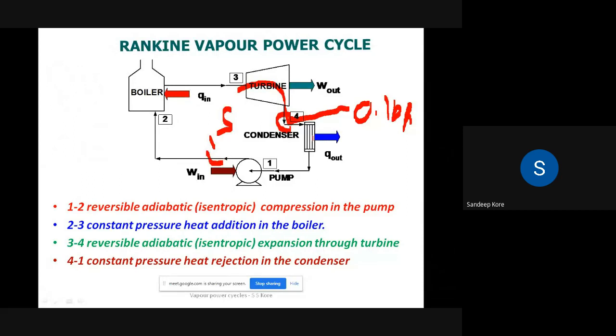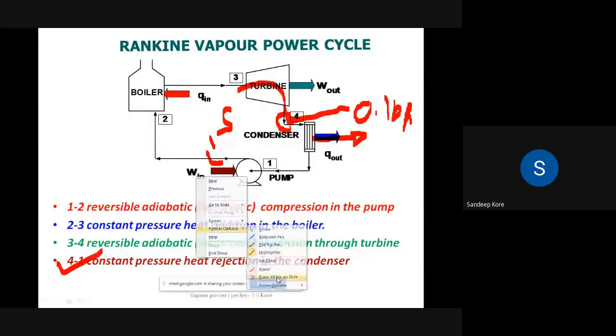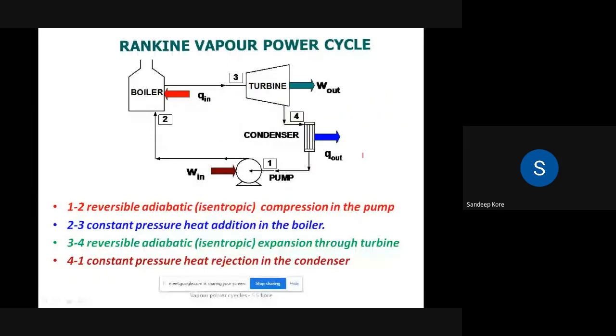So here the heat is rejected to a cooling medium, which is water, or in some cases air. Okay, so the process 4 to 1 is constant pressure heat rejection in a condenser. So heat is rejected at constant pressure. So amount of heat rejected is given by change in enthalpy across the condenser, that is H4 minus H1.